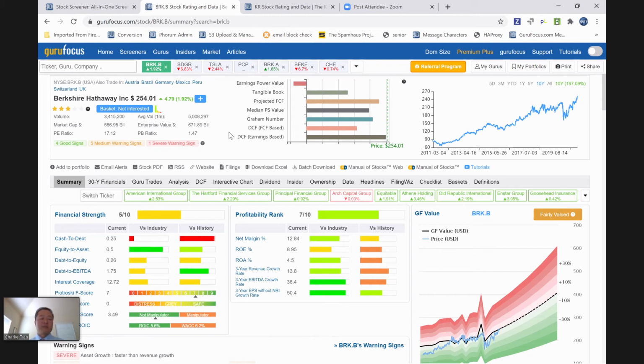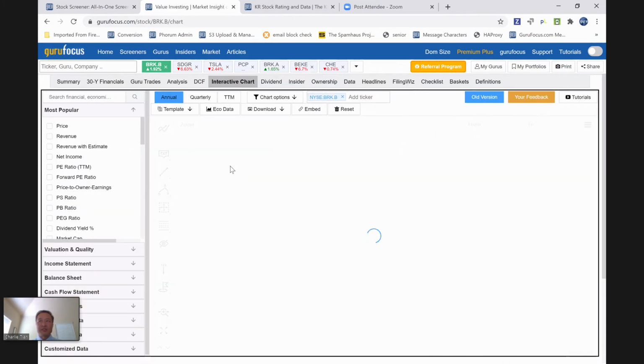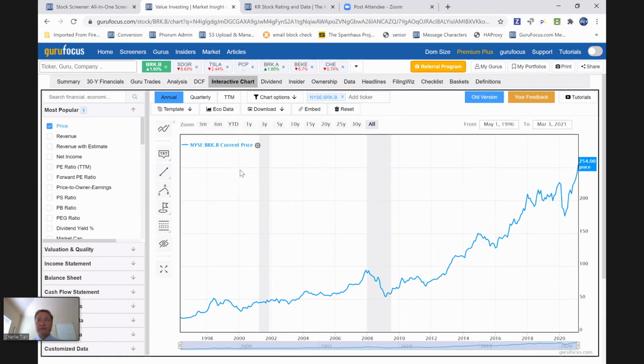I will not be surprised if he continues to buy back Berkshire Hathaway stock. Now I want to show you some valuations of Berkshire Hathaway. If you look at the price book ratio, and if you look at the interactive chart of GuruFocus, you will see a different valuation chart.